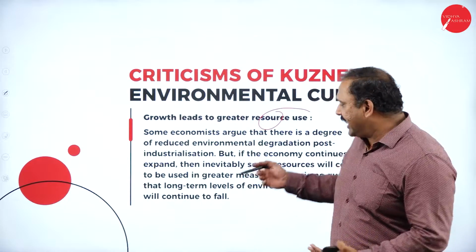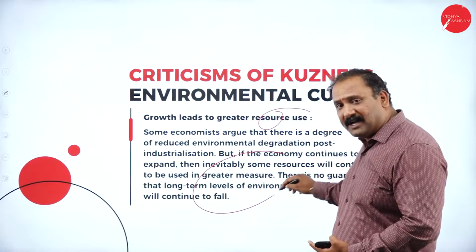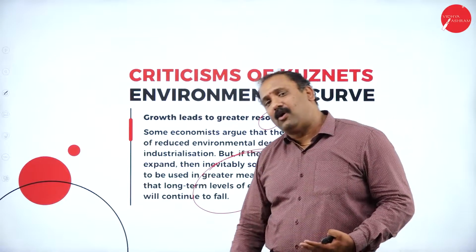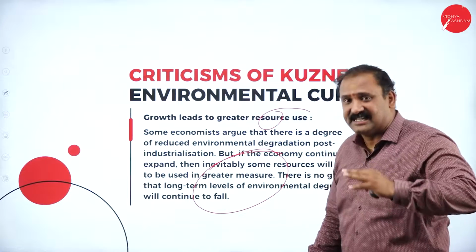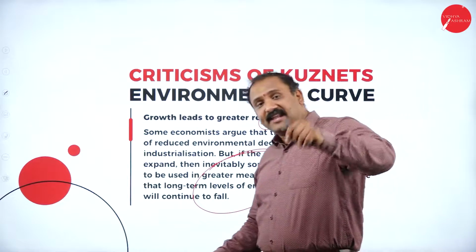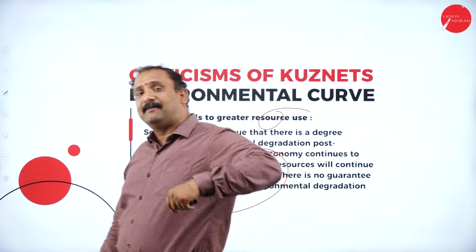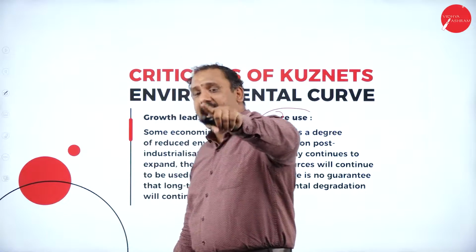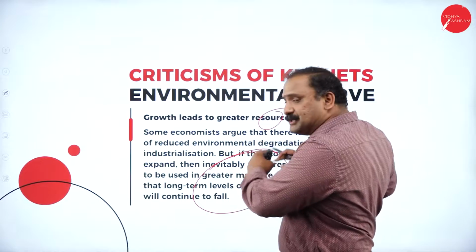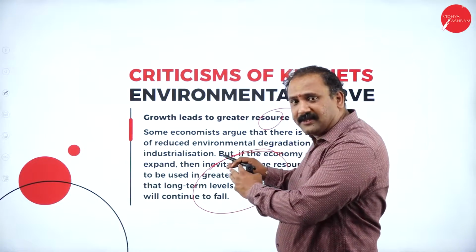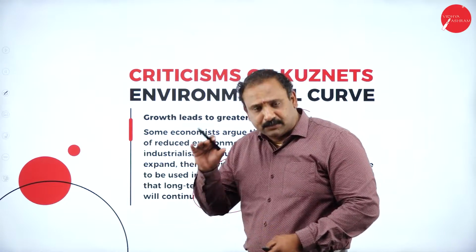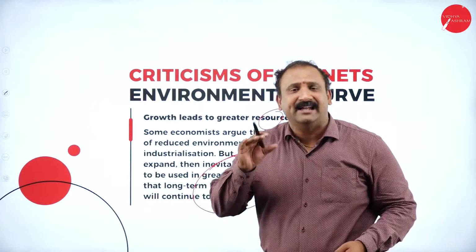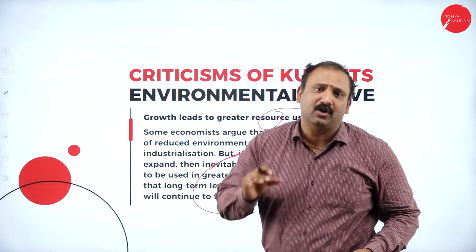Ten years down the lane, the economy can expand and there might be a greater measure altogether. In that condition, again, there will be environmental degradation coming into the picture. So we can't stop it. I don't mean to say here that this will get completely reduced and the theory will be accepted. This will continue and there will be environmental degradation altogether.